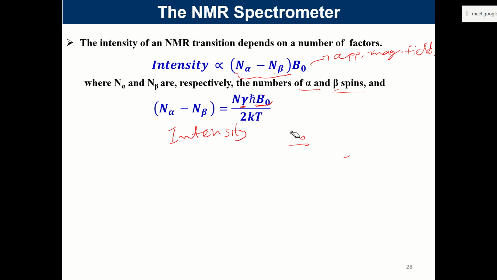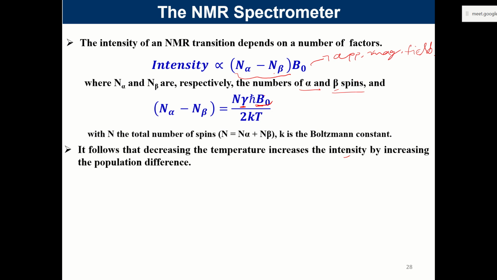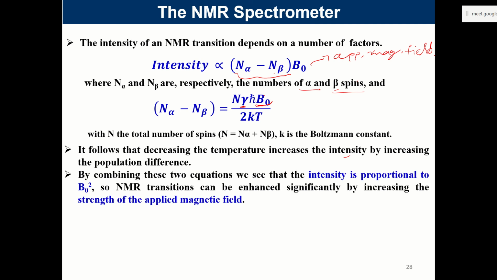So intensity is likely to be much more sensitive to the magnetic field, because the population difference also depends on B naught. So this is proportional to B naught square. And the NMR signal will be enhanced to a good extent if you increase the strength of the field.